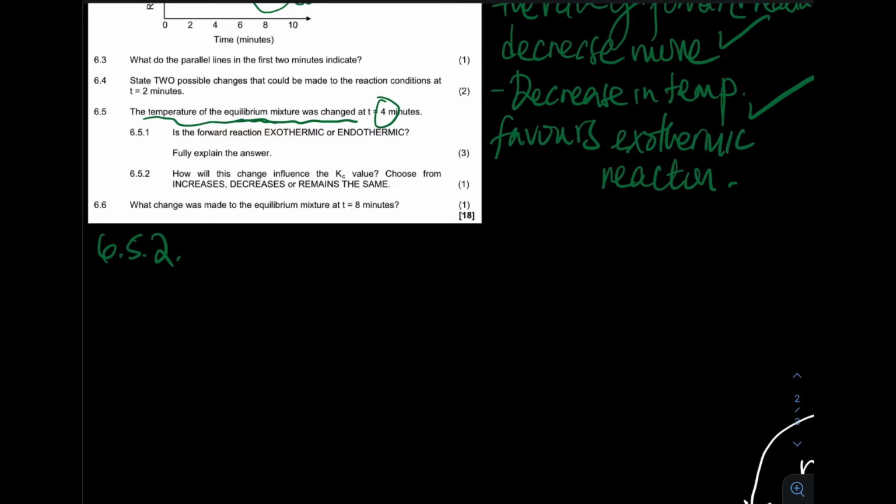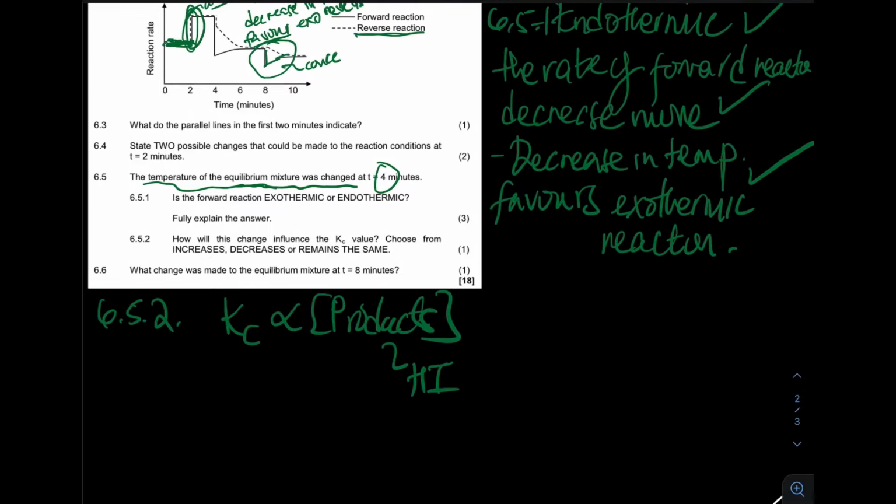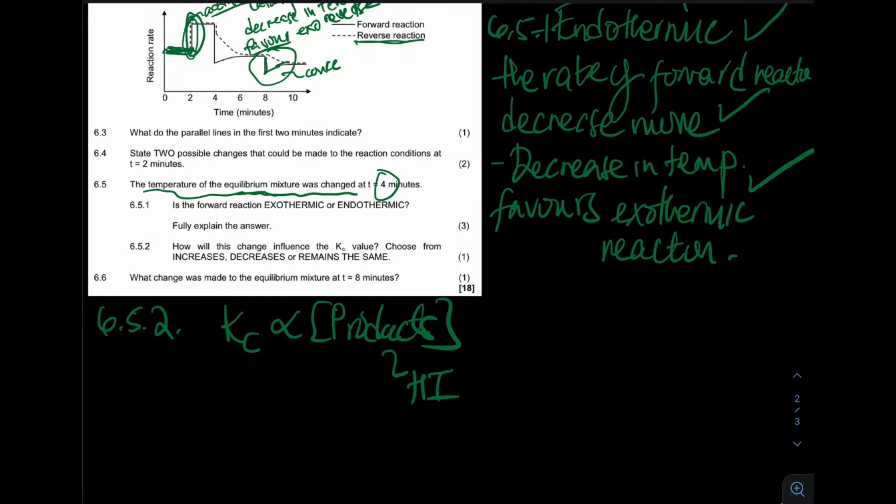But let's look at it this way. The Kc value is directly proportional to the concentration of product. In this case, our product is hydrogen iodide. If the forward reaction is favored, the concentration of product will increase and therefore the Kc will increase.